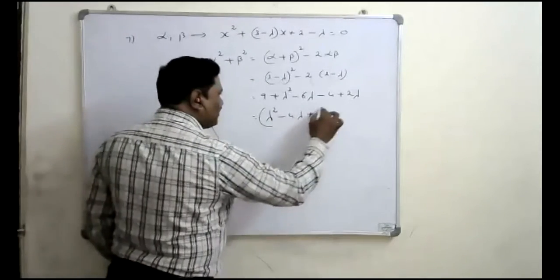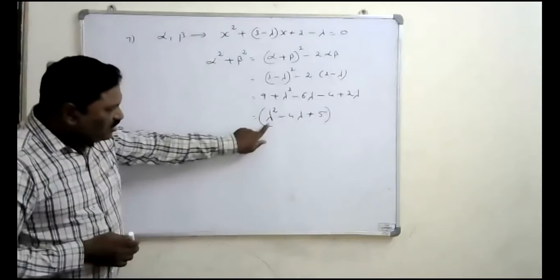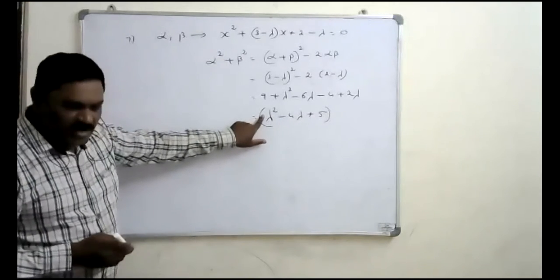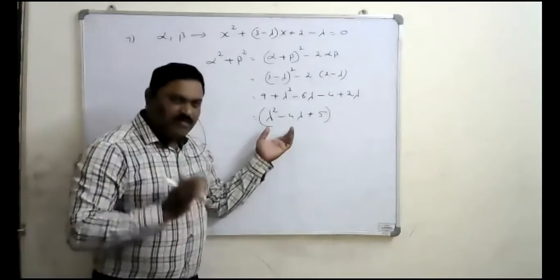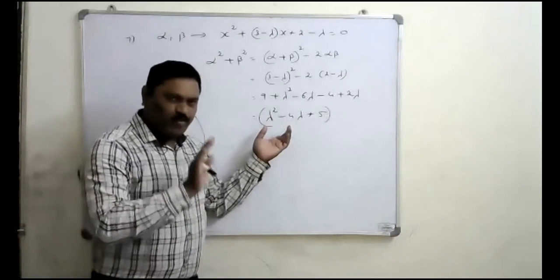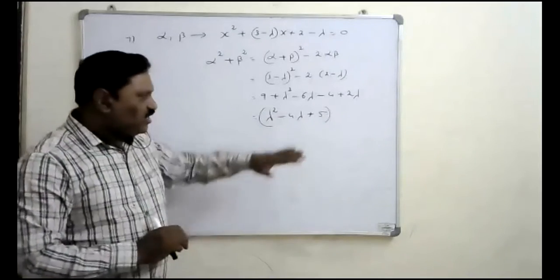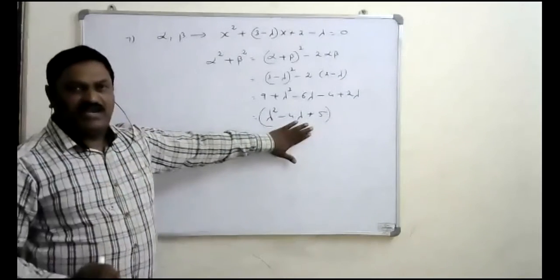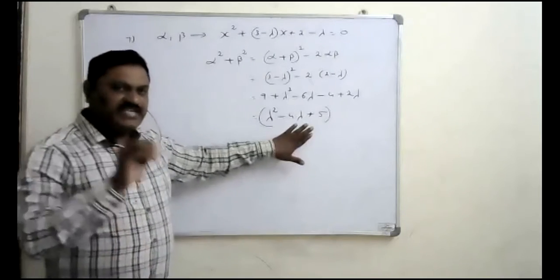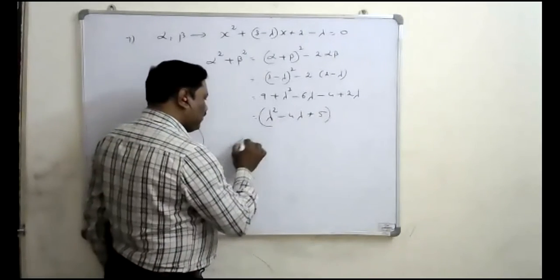So we got a quadratic expression. In it, the coefficient of lambda square is 1, which is positive. For any quadratic expression, if the coefficient of x square is positive, the expression gives a minimum value. It gives the least value at minus b by 2a.